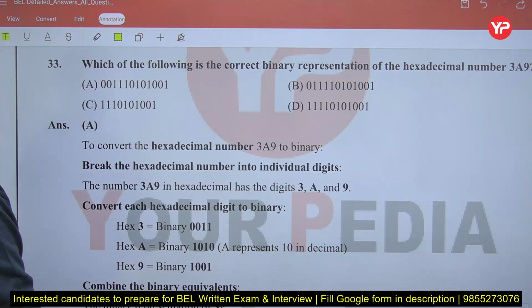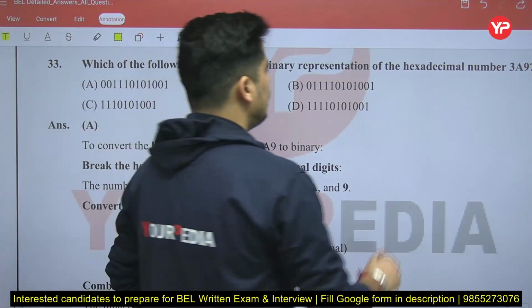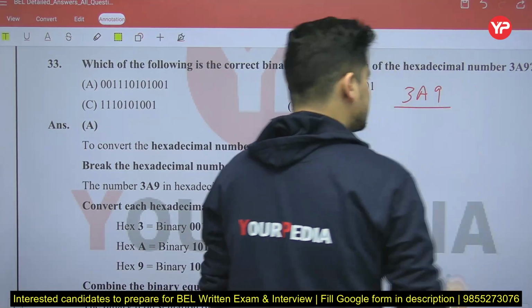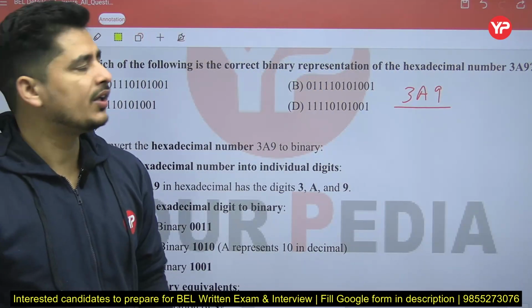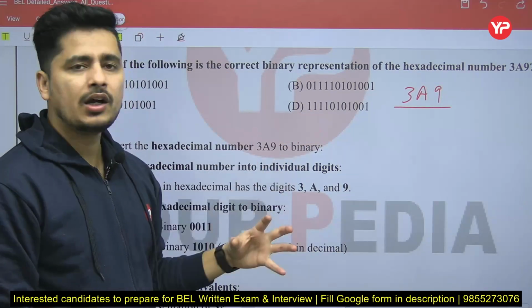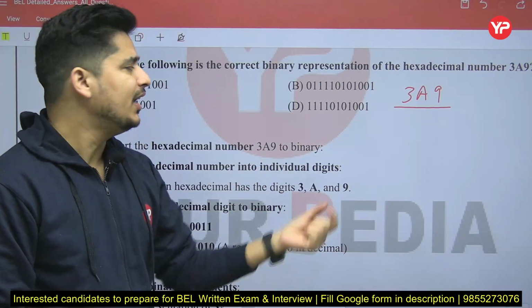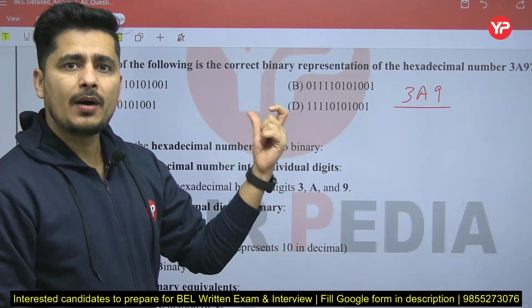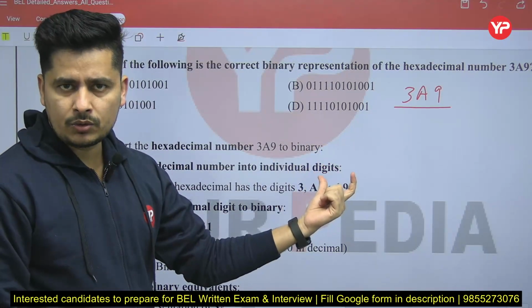Which of the following is the correct binary representation of the hexadecimal number 3A9? So this is a hexadecimal number. I already taught you in the octal question that if you have a hexadecimal number, how you can convert that hexadecimal number into binary? Just write a 4-bit binary code corresponding to each digit.